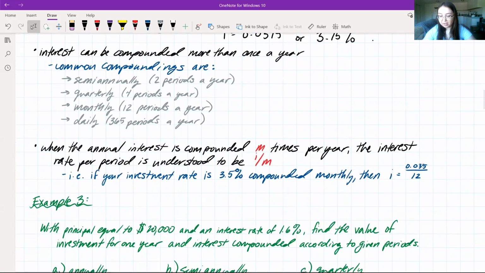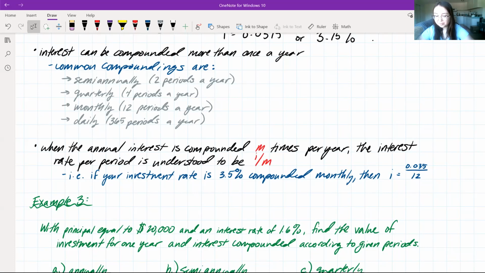Now, when we have annual interest compounded m times per year, so any amount of times per year, the interest rate per period is understood to be I divided by m. So your new I value is going to be I divided by m. So if you're given 4%, which is 0.04, and you're compounding maybe twice a year, then your interest rate will be 0.04 divided by 2.